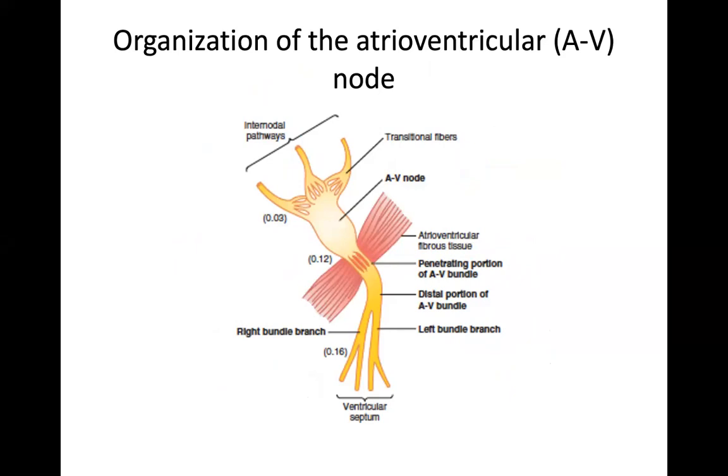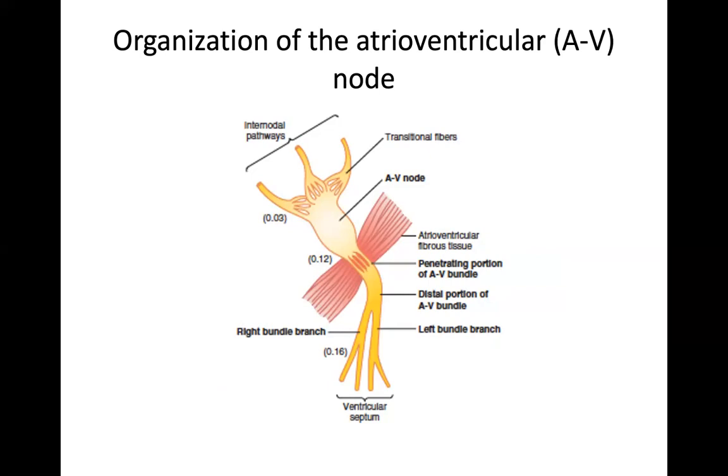Your anterior, the middle, and the posterior internodal pathways. The number represents the interval of time from the origin of the impulse from the sinus node. The rapid velocity of conduction of these bands is due to the presence of specialized conduction fibers.